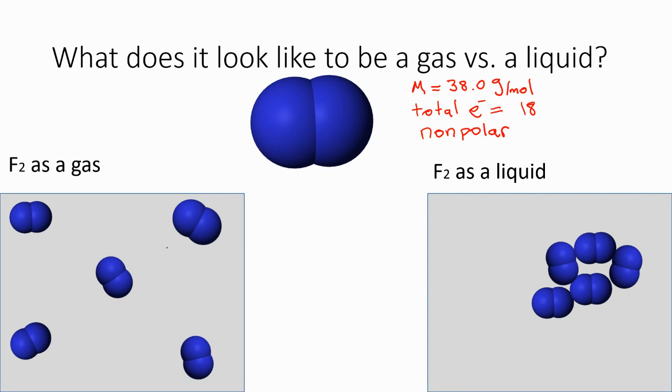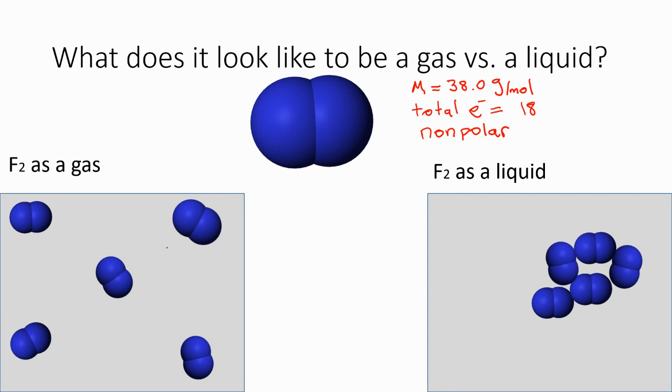There's not one side that's negative or positive. It's neutral throughout. And how I know that is that it's a very symmetrical molecule. When we see something that's symmetrical, it tends to be nonpolar. Okay. When we get to future videos, your ability to calculate molar mass and total number of electrons and decide if something is polar or nonpolar is going to be really important.